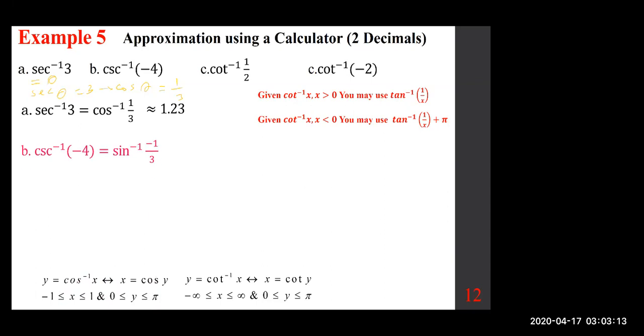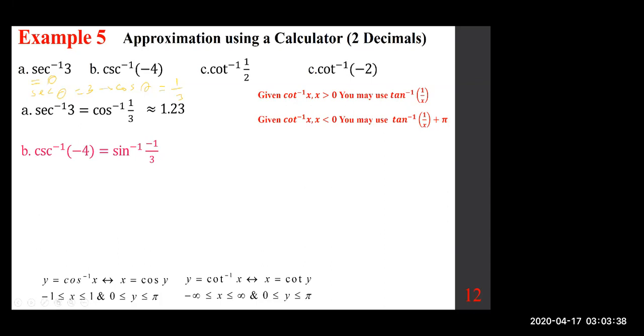Part B, cosecant inverse of -4. Again, it's not a common arc by definition. If you set it equal to theta, that means cosecant theta is -4. Cosecant and sine are reciprocals of each other, so you can write sine inverse of -1/4.